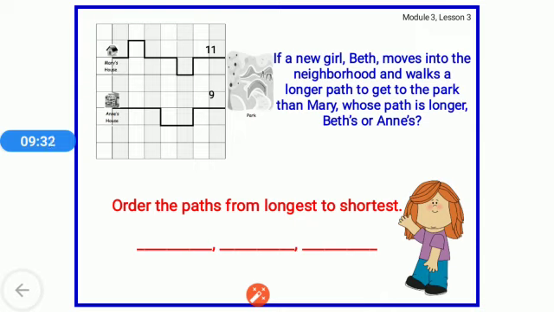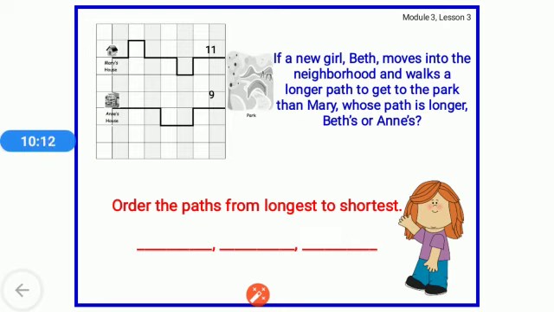Let's look at the next one. If a new girl, Beth, moves into the neighborhood and walks along paths to get to the park. You can see the park from the picture. Okay, I'll go again. If a new girl, Beth, moves into the neighborhood and walks a longer path to get to the park than Mary.